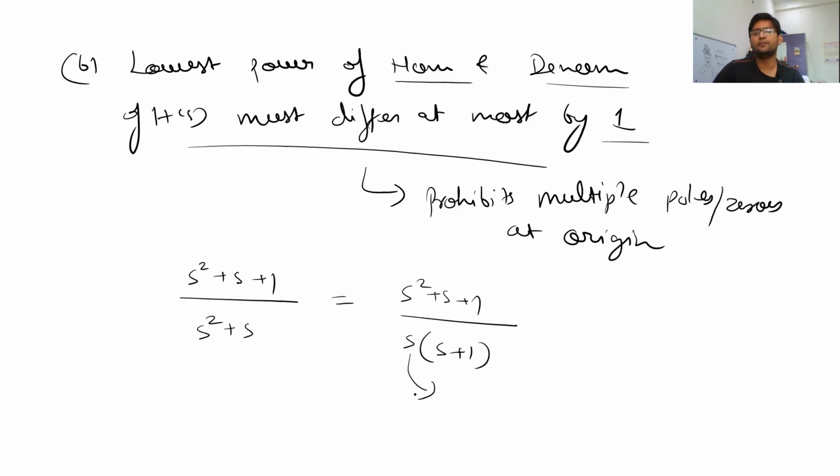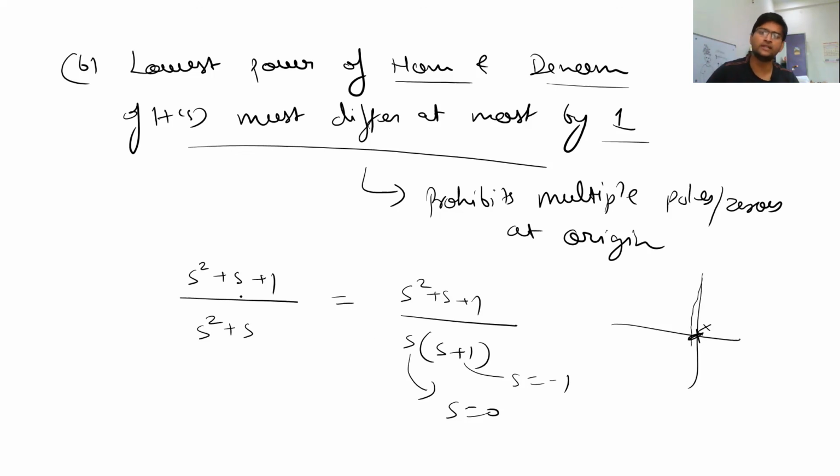So you have one pole which is at the origin. What will be the roots? s is equal to minus 1, and this will give s is equal to 0. So in the s plane, you have one pole at the origin. We have already seen that you must not have multiple poles on the j omega axis. This origin is basically on the j omega axis, so you should not have multiple poles or multiple zeros at this origin point.